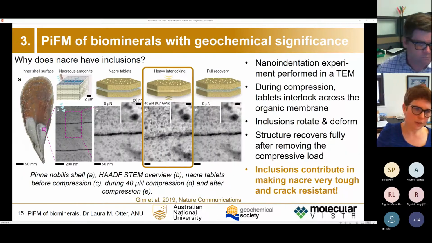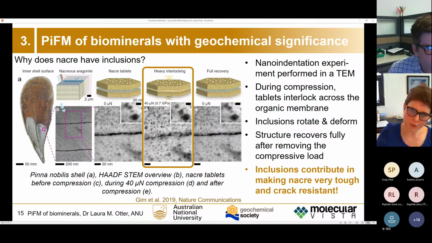And the last question, I guess, that we need to ask is, why does nacre have inclusions at all? And we found an answer published here in our Nature Communications paper, where we stuck a bit of nacre from the Spinanobolus shell into a TEM and did nano indentation by viewing this live in the TEM.